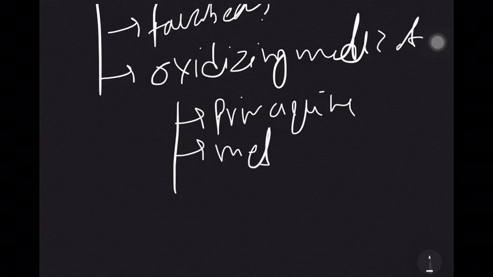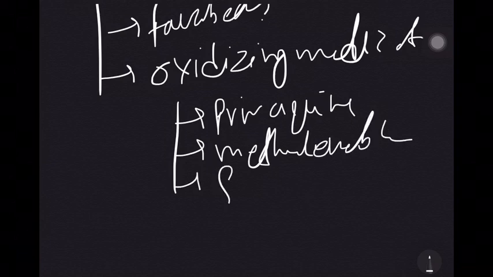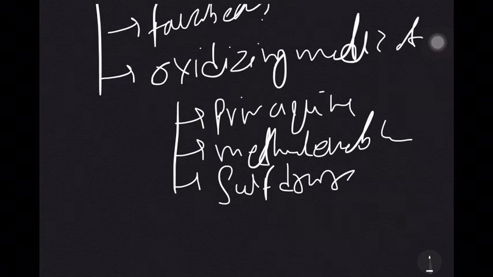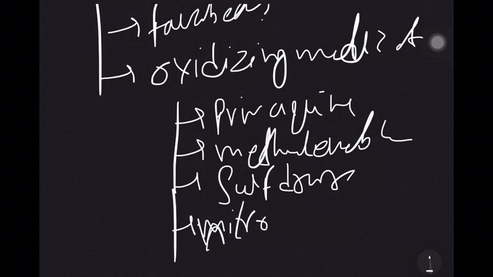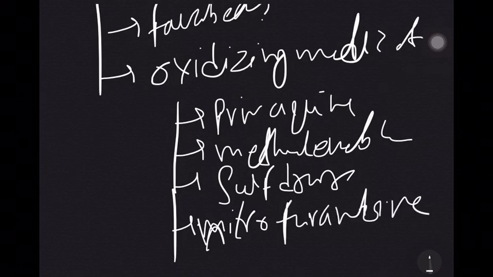Also methylene blue, the sulfa drugs, and nitrofurantoin are some drugs that should be avoided in G6PD deficiency patients.